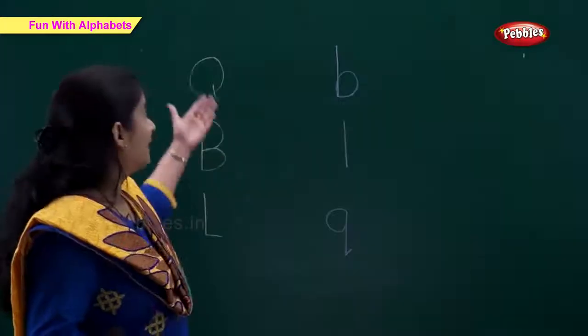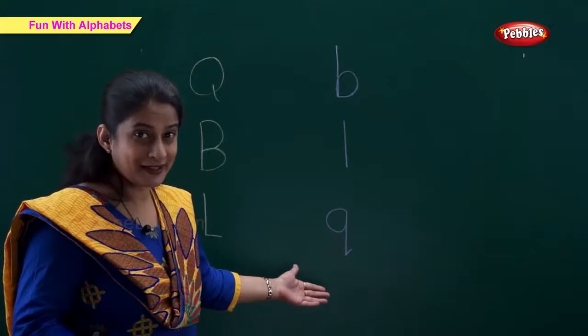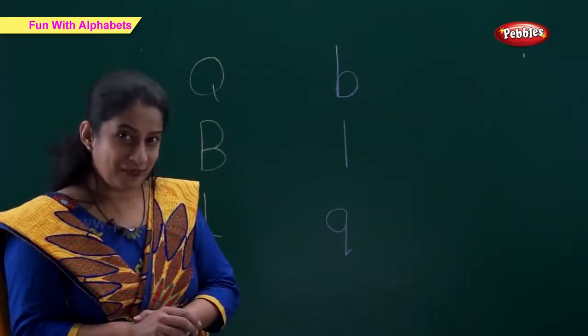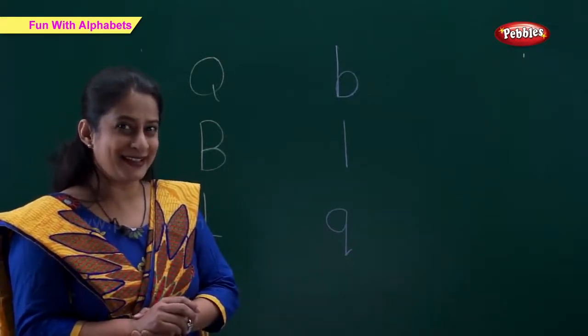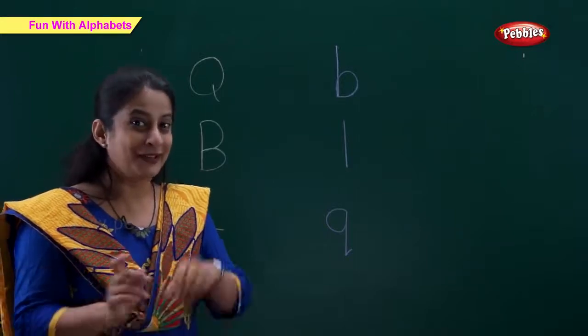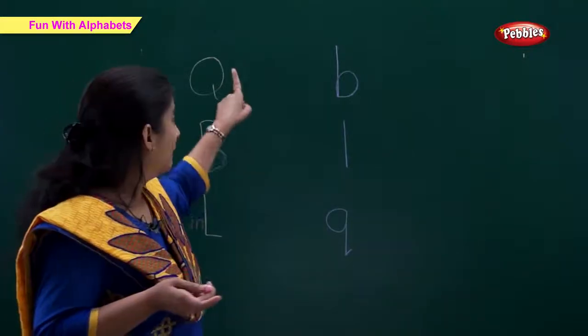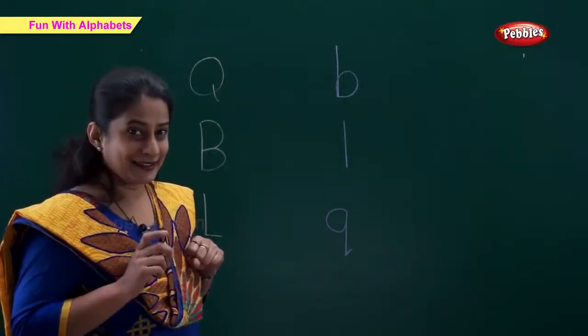Now, let's play a game with alphabets. These are big alphabets and these are small alphabets. Now, can you match them for me? Yes. Okay. Who will match? You? Right. Tell me. What letter is this?